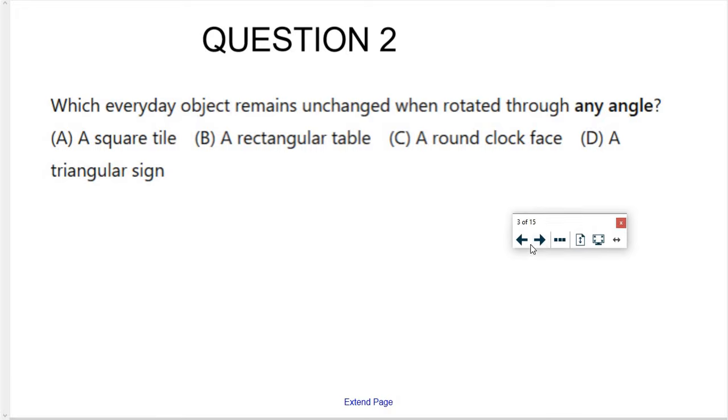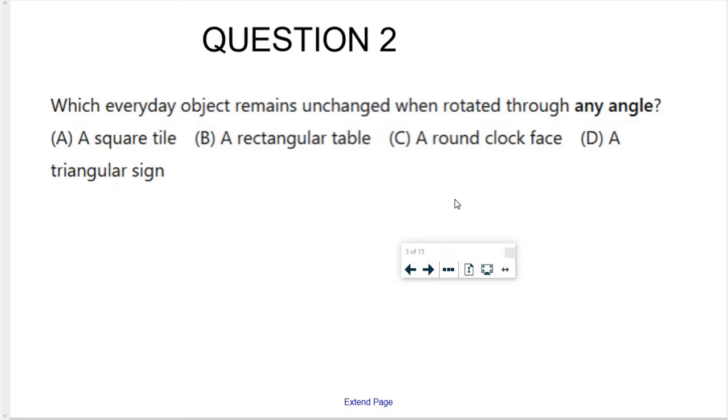Next question. Which everyday object remains unchanged when rotated through any angle?